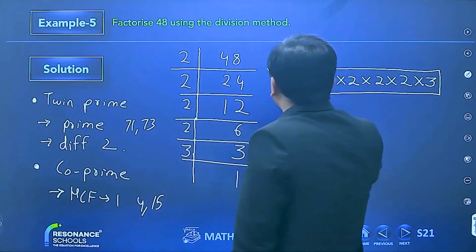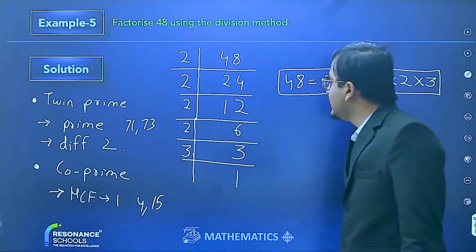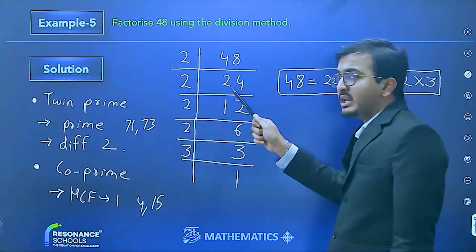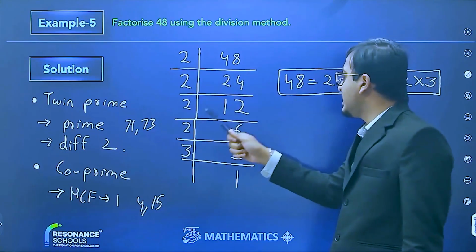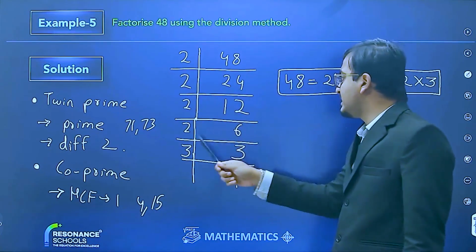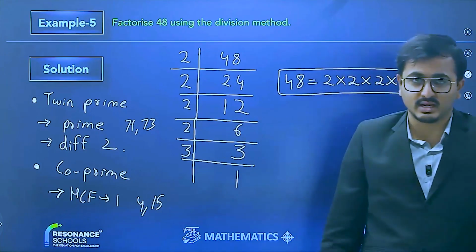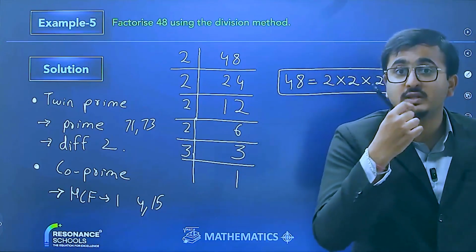Next, 48, the division method. So long division method, let us look into it. 48 divided by 2 is 24. 24 divided by 2, you will get 12. 12 divided by 2, you will get 6. 6 divided by 2, you will get 3. And 3 divided by 3, you will get 1. So this is nothing but continuous division to get all the prime factors.